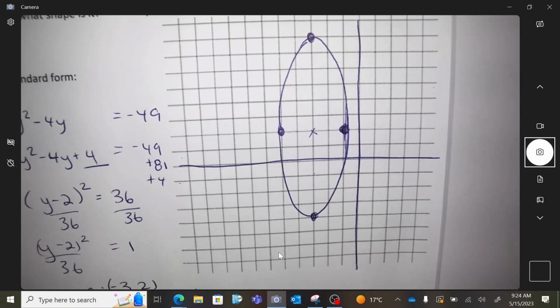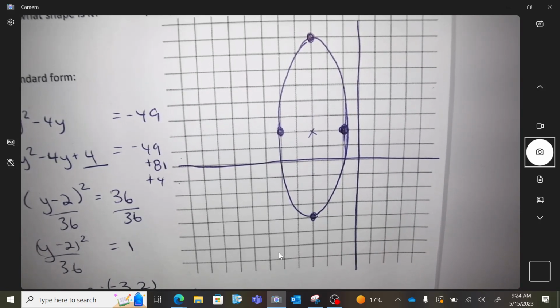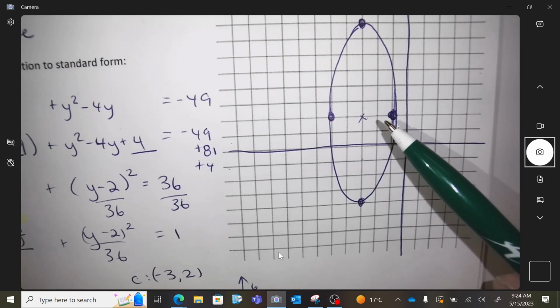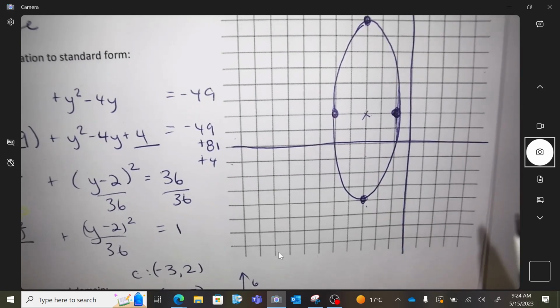Okay, and then this one I actually did say what is the domain and range.